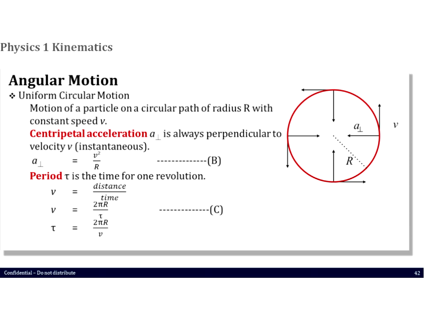So centripetal acceleration. Centripetal means attracting towards the center. That is always perpendicular to the velocity v. So if you attach a stone or any object to a string and you start rotating that, not a good idea to do that at home, but when you don't have anyone nearby to hurt, so do that.